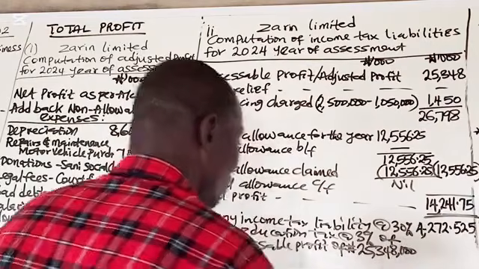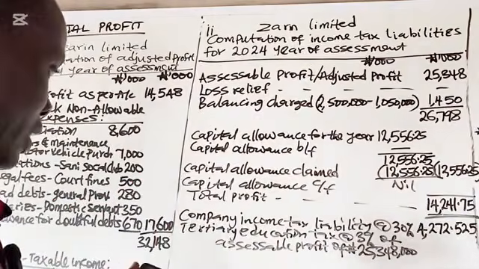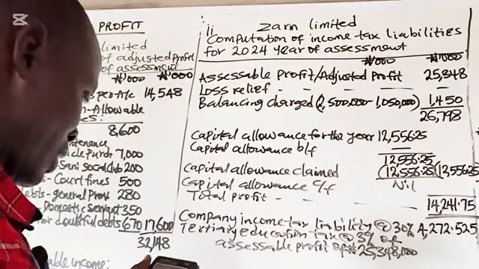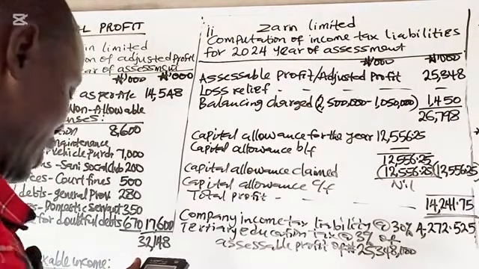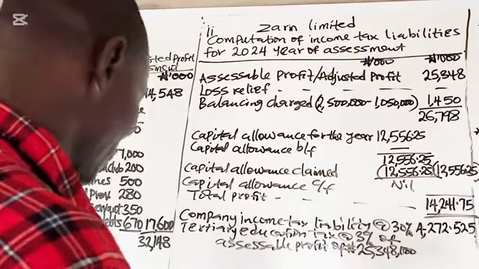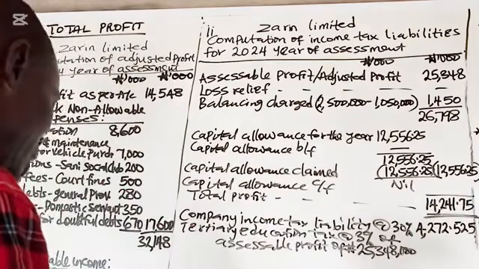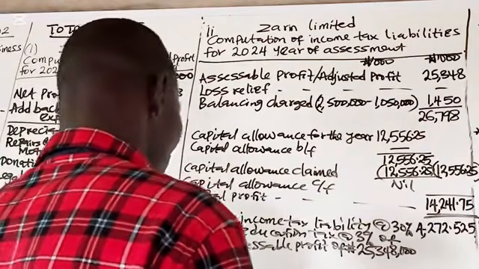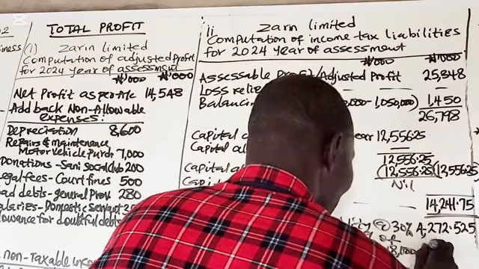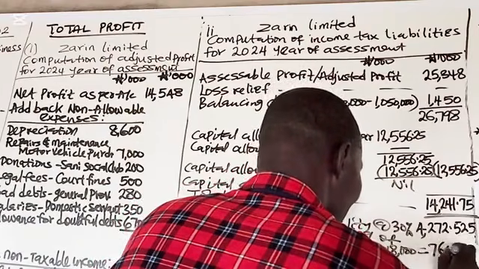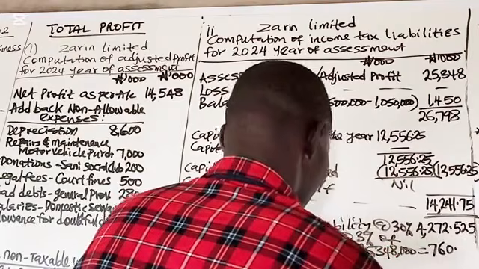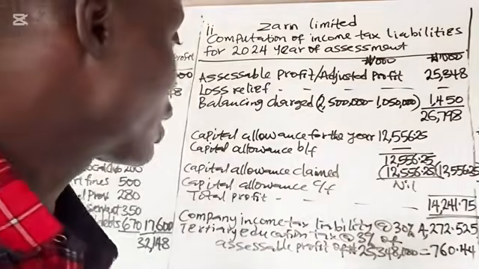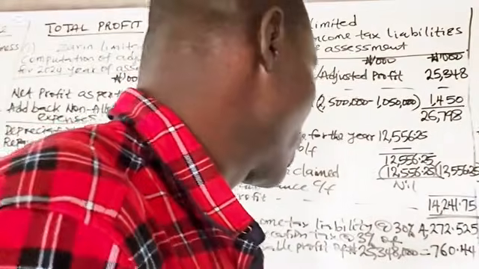What is 3% of that? 3% of 25,348,000 gives us 760,440. So that is the end of the solution to the question.